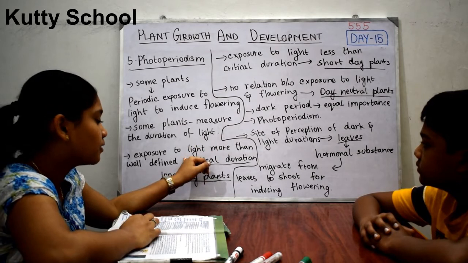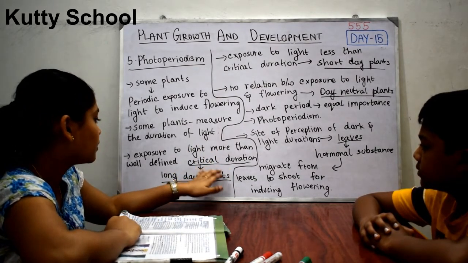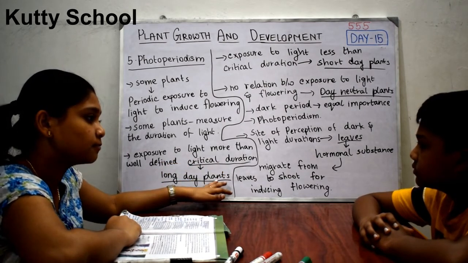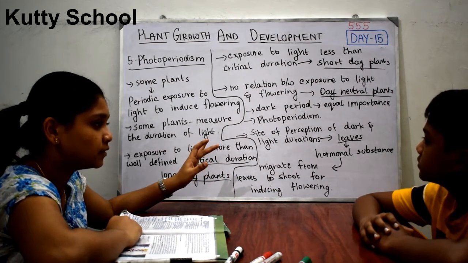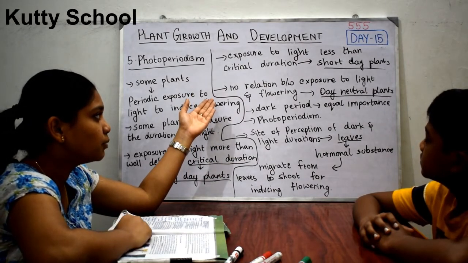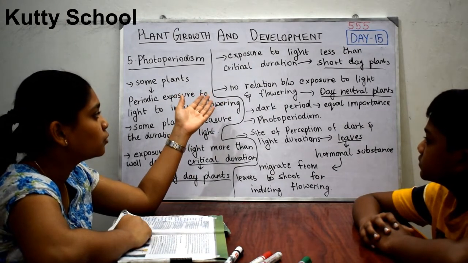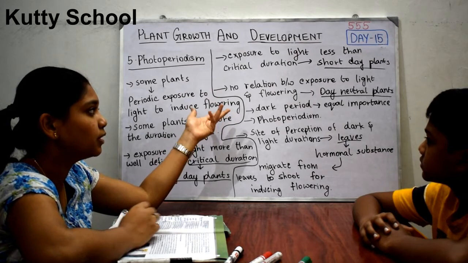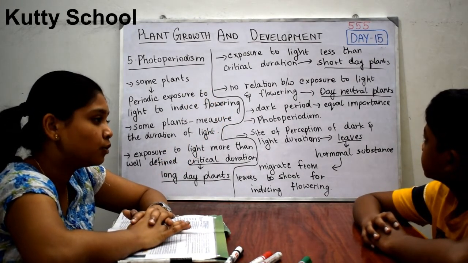Exposure to light more than a well-defined critical duration is known as long day plants, and exposure to light less than the critical duration is known as short day plants. In some plants there is no relation between the light exposure and flowering. Those plants are known as day neutral plants.